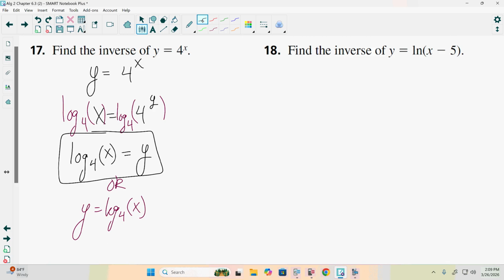We want to find the inverse of y equals the natural log of x minus 5. First thing we need to do is switch x and y. Since we're starting as a logarithmic, we're going to need to rewrite it as an exponential.